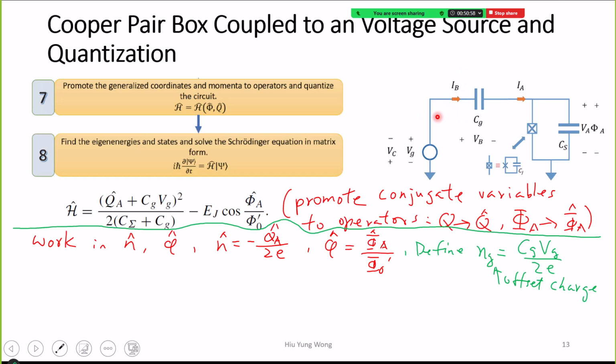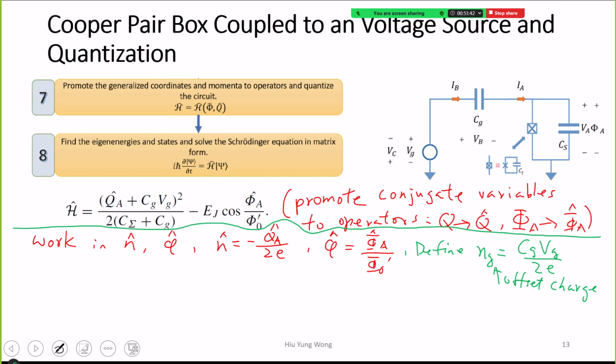For example, if I increase the voltage at this point, I will get more positive charge here, and on the other side we'll get negative charge, because it's a capacitor, plus Q, minus Q. So this represents how many Cooper pairs got induced by this external voltage. Remember, when we don't have this coupling, N was the number of excess Cooper pairs in this Cooper pair box. But now this one also helps induce some extra Cooper pairs. So Ng is related to that in that sense.